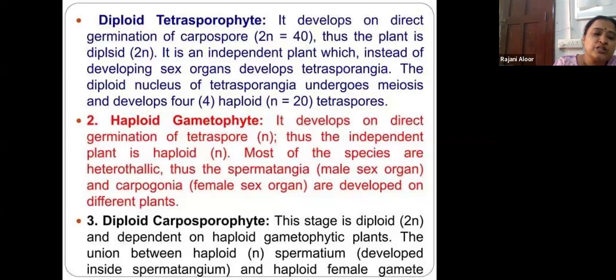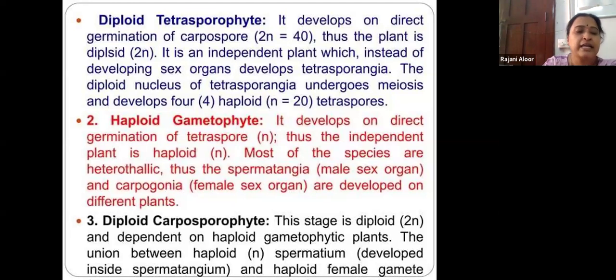Here, it develops on direct germination of the carpospore. Carpospore here is 2n equal to 40. The carpospore is at the 2n stage, diploid condition. This plant is called the diploid plant.